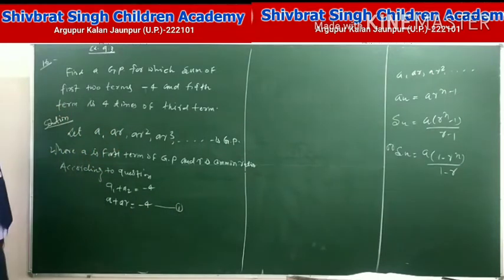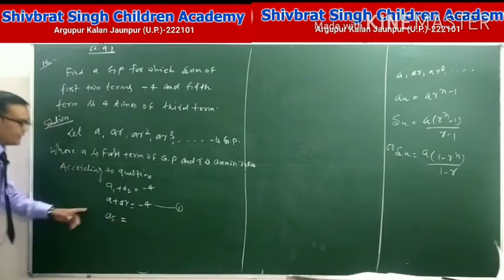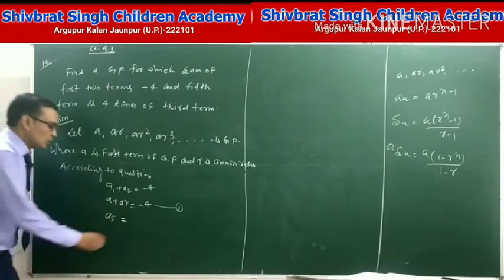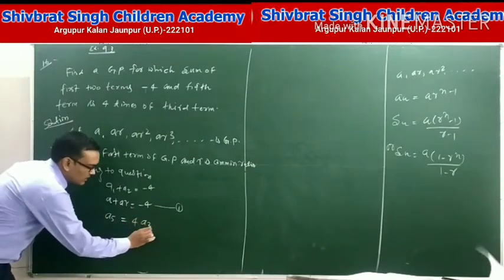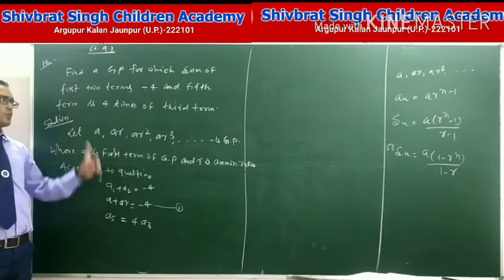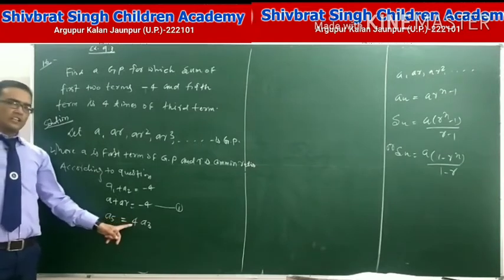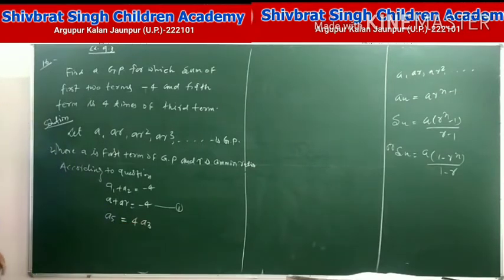And the next condition is that the fifth term of the GP is equal to 4 times the third term of the GP. This is the second condition given in the question.